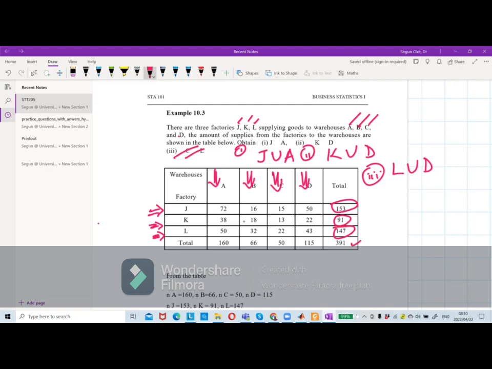Then the total is this. And for warehouse A, we have 160, then warehouse B, warehouse C, and warehouse D. The total supply must equal the total demand. Otherwise, check your table very well.